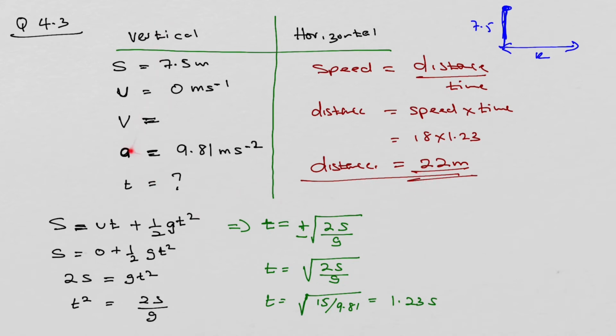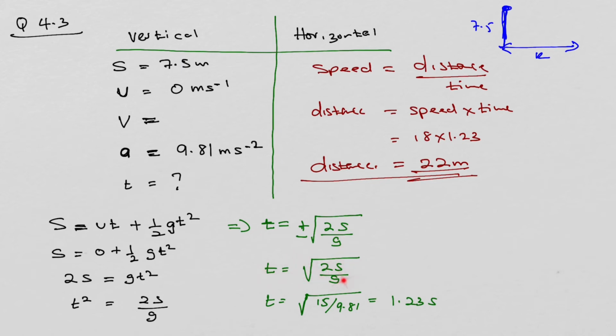In order to solve for the time, we apply the SUVAT equation, and we know u is 0, so u times t is 0. So we've got 2s equals g t squared, and t squared is 2s over g. Square rooting both sides, t equals root 2s over g, taking the positive time.